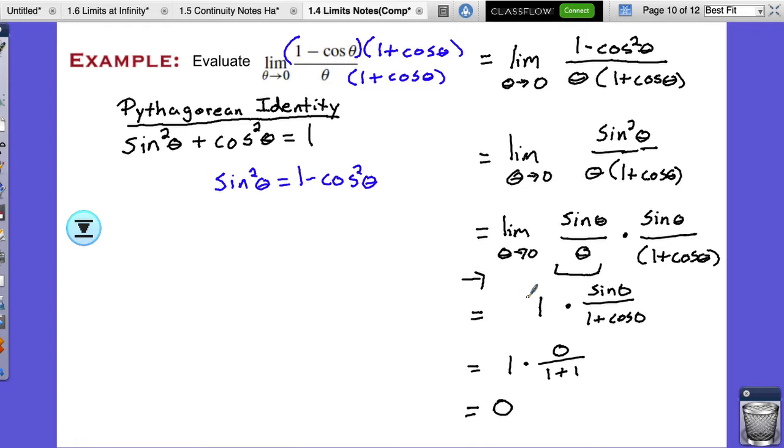When you plug 0 in, at that step you can leave the limit off. But when you're doing all the manipulation, in order to be able to plug the number in, you need to have the limit. I know it's annoying to write that every time, but it's so that we're not saying things are equal that are not equal. That is one of the things the AP tests will count you off for, if you write that this equals that and they're not actually truly equal.